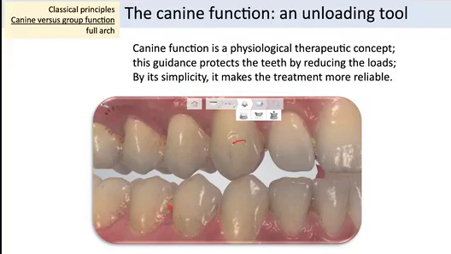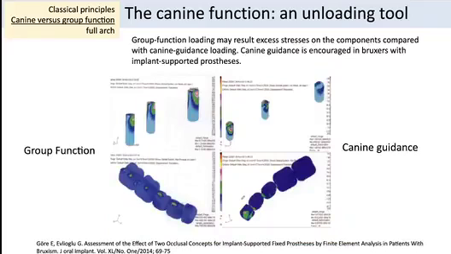The question is, is it a loading risk for the canine, yes or no? First, canine guidance is a hand loading tool. We have many papers which show that in presence of the canine guidance, we have low charge on the teeth.